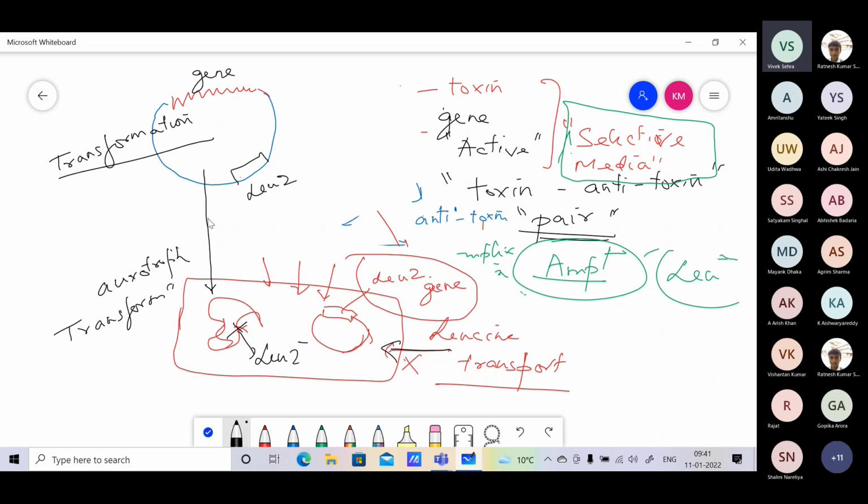To transform the cell, this cell has to be alive. Right? But how will it be alive? How will you grow this cell to transform it? Because this cell has no leucine transport, and if LEU2 has disappeared as well, then in all media the cell will die.